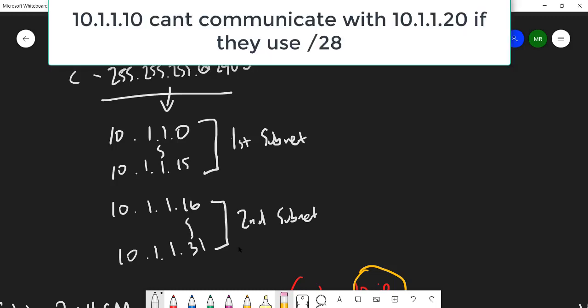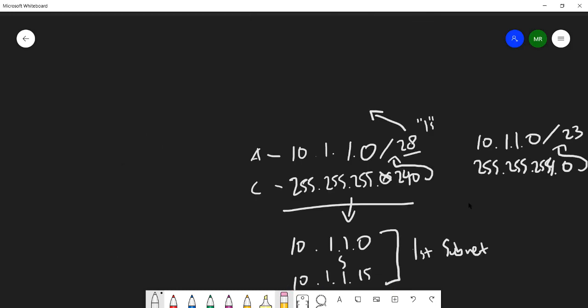So a PC with IP 10.1.1.10 cannot communicate with 10.1.1.20 because each IP resides in a different network. And what about the third, fourth, and fifth subnets?